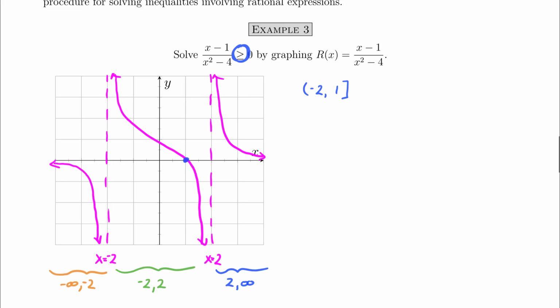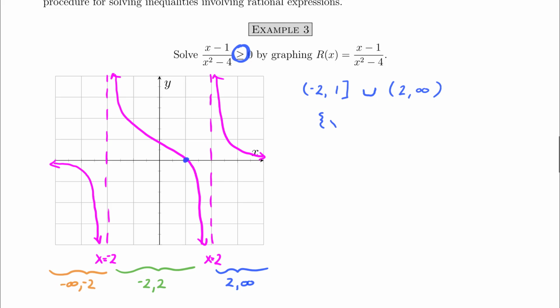We put a bracket around the 1 because we do include it, because of the equality in the inequality. And then our second interval is from positive 2 to infinity, because from that point on, the graph is completely above the x-axis for the remainder of its domain. And so there's the interval notation.